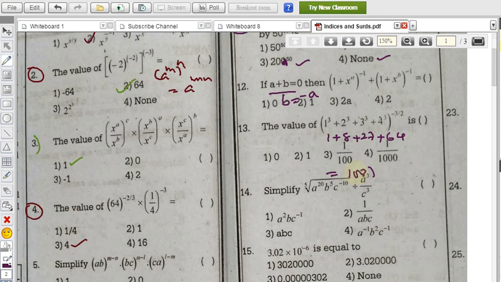So 100 to the power minus 3 by 2. Can you split it? We need to cancel something. 100 I can write as 10 square whole to the power minus 3 by 2. So the 2 gets cancelled, 10 power minus 3, that is 1 by 10 cube, which is 1 by 1000.